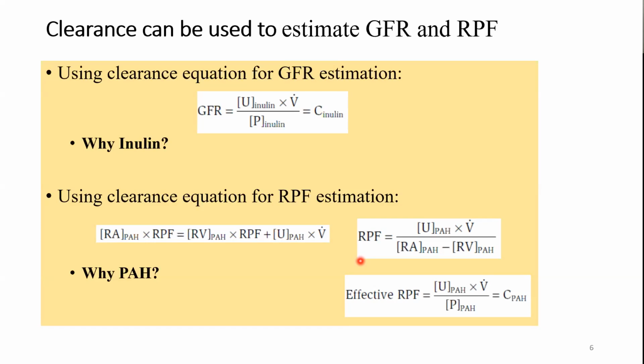Okay. So what do you do? You basically generate this value, the plasma PAH value, by sampling any peripheral artery. And the assumption, safe assumption, I would say, and is reflected in the literature as well, is whatever PAH is running around in the systemic arteries is almost the same which enters into renal artery and hence enters into the renal tissue.